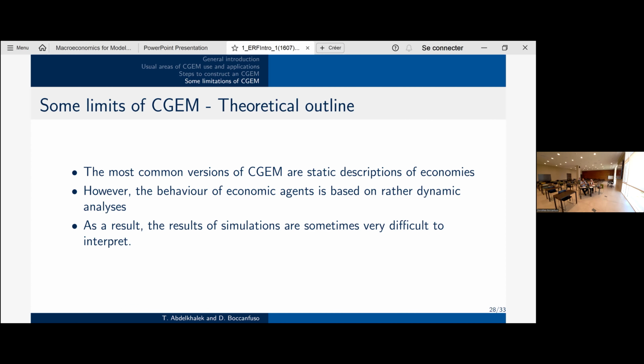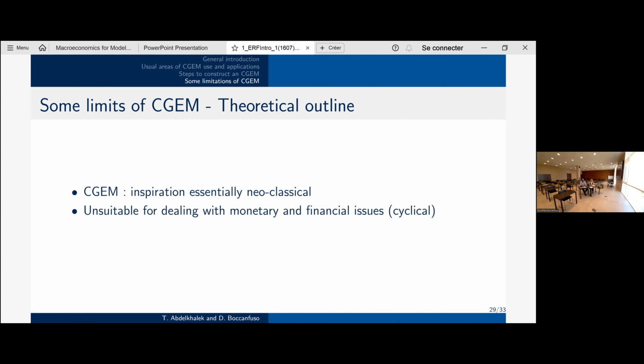The most common versions of a CGE model are static, and this is a limitation. And if we want to construct a dynamic model, it is too difficult to construct it at the theoretical level and at the numerical level. Okay, the next limit is that the CGE model is essentially a neoclassical one.